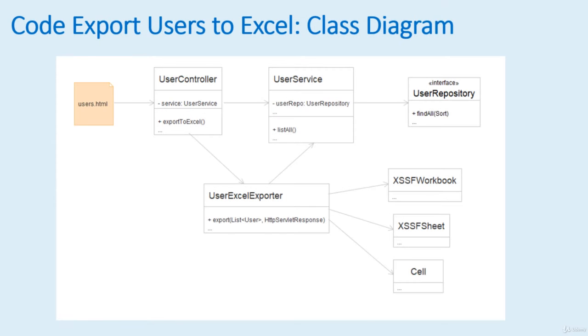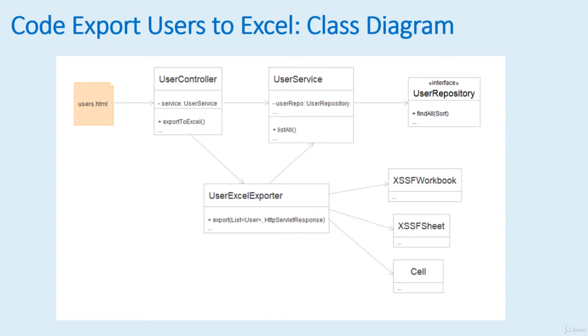To implement the export users information to Excel functionality, we need to update the user controller class. Code a new handler method, exportToExcel, that handles requests for downloading an Excel document from the users listing page. And then we need to code a new business class, UserExcelExporter, that reads information from a list collection of users and writes Excel data to the response, so the browser will be able to download the data as an Excel document.